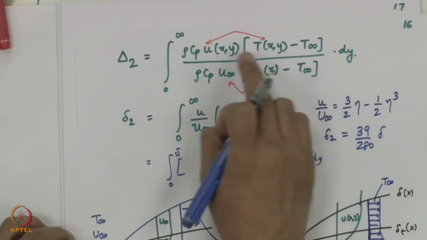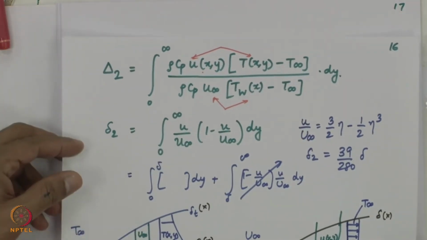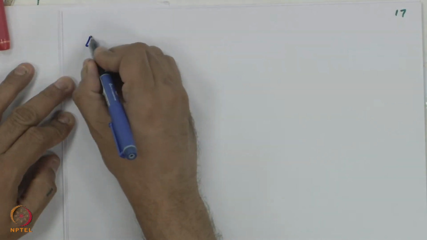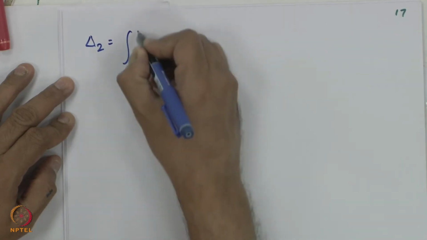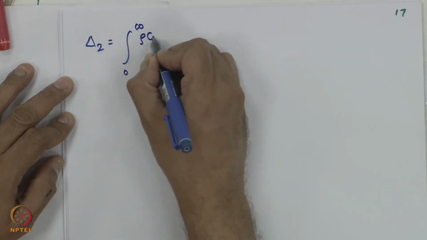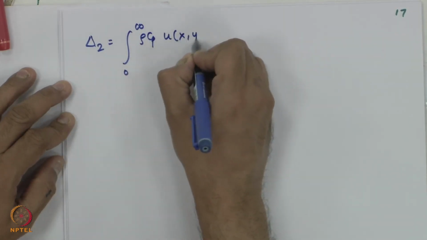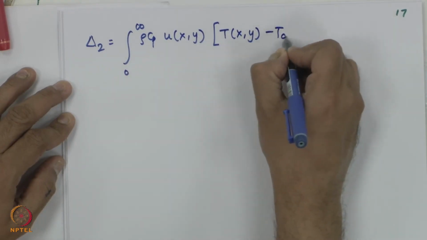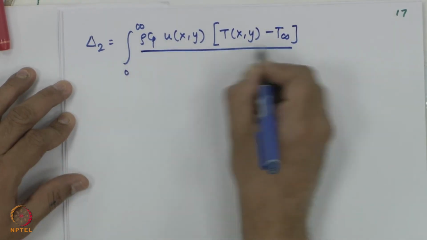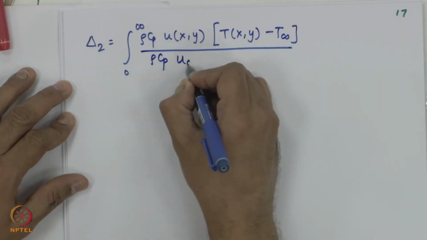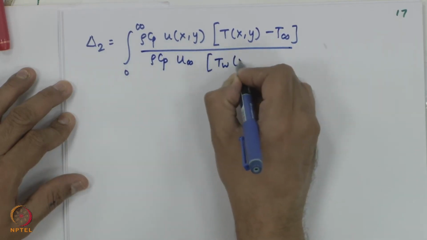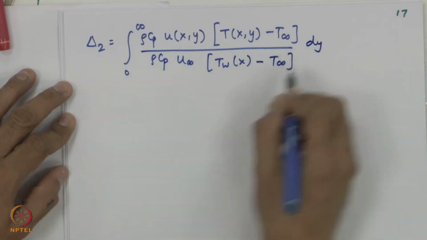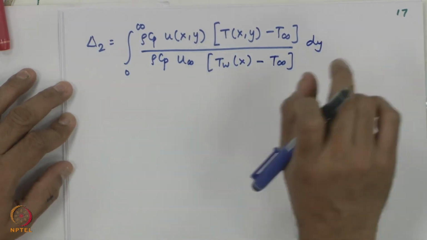U of x comma y times delta T. So, this definition, delta 2 equals integral from 0 to infinity of rho Cp u of x comma y times T of x comma y minus T infinity, divided by rho Cp u infinity times T wall of x, I am putting, it can be constant, dy. This has to be split into 3 parts.